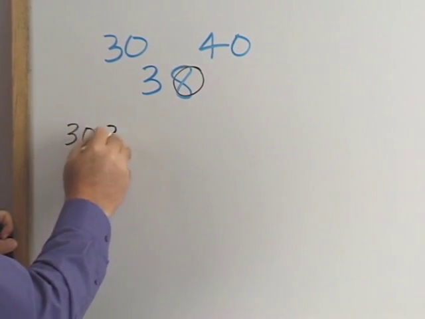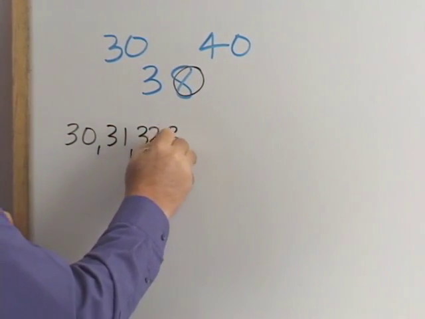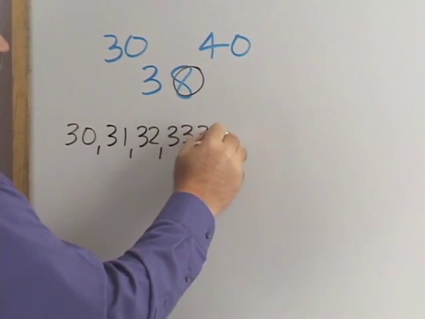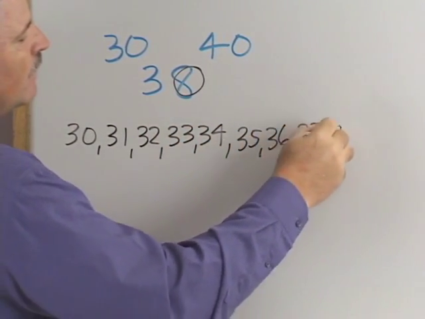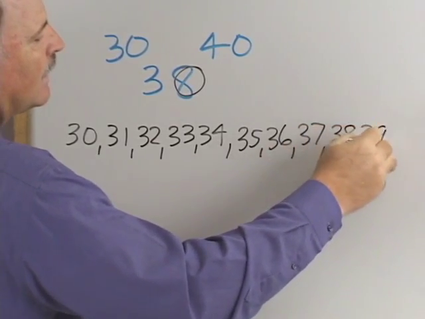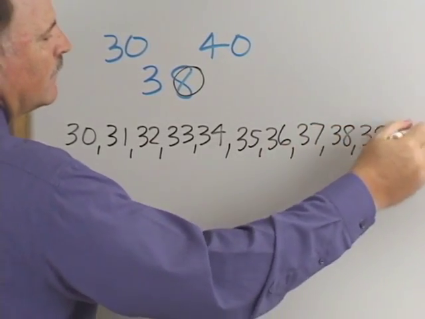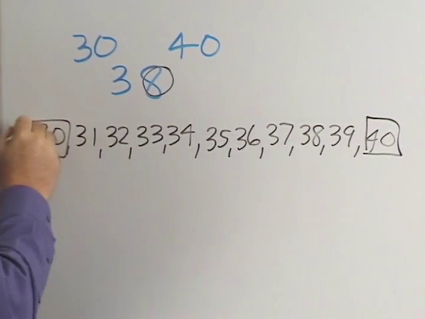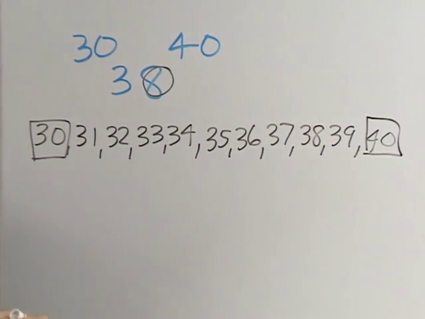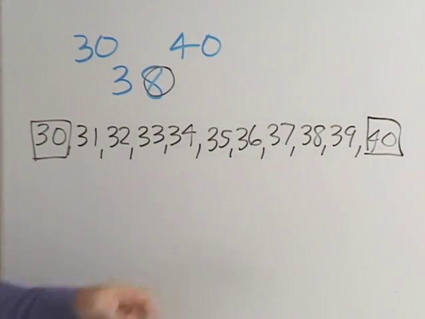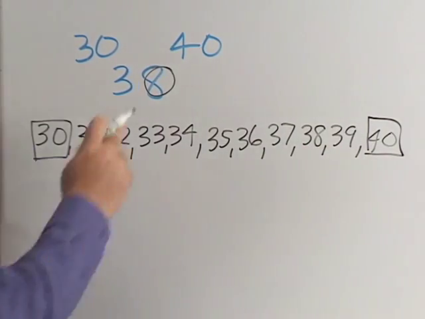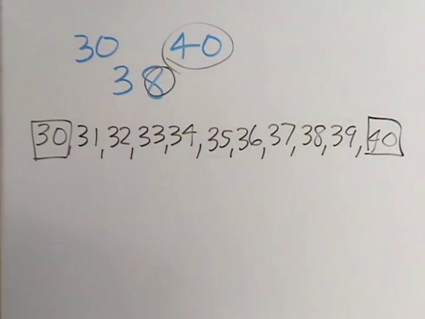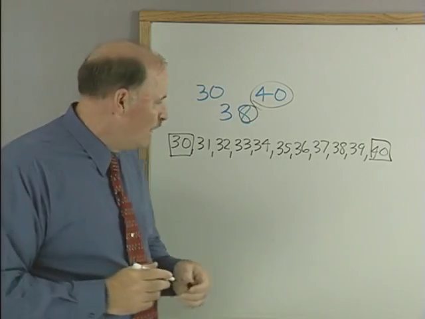30, 31, 32, 33, 34, 35, 36, 37, 38, 39, 40. So there's our 40 and there's our 30. And I think you can see pretty quickly that 38 is closer to 40, right? And that's what the answer is, by the way. It is 40. But what about these other numbers?